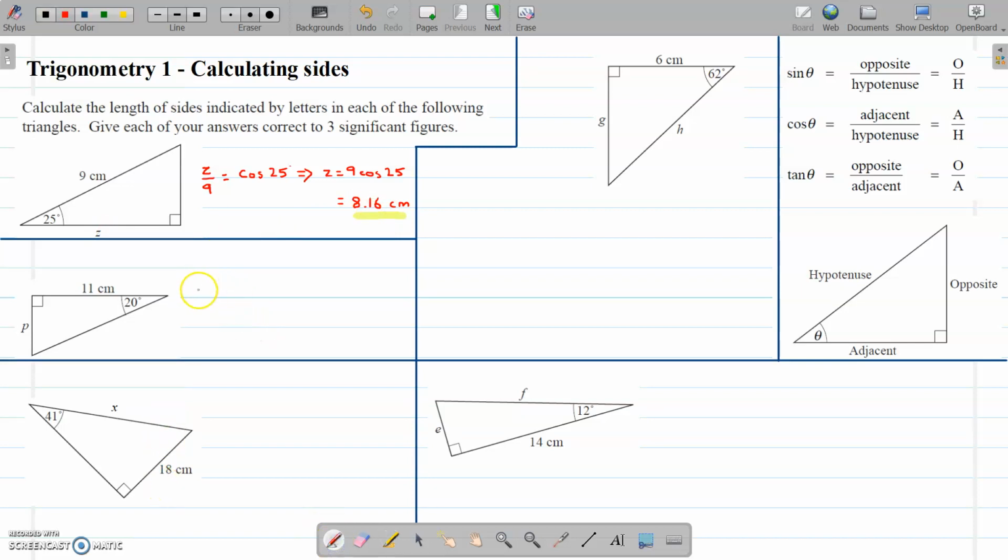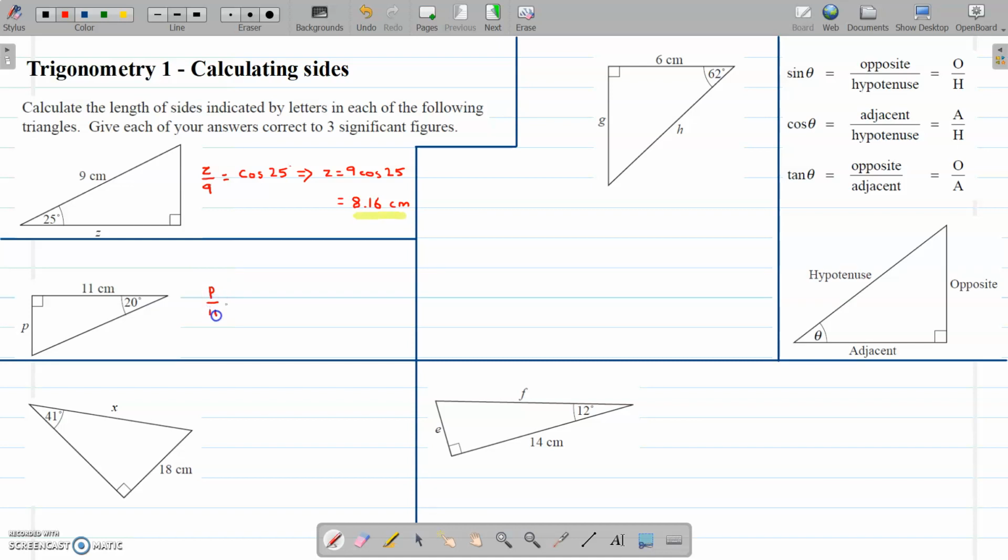Now, in the second one, we're asked to find the length p, and we notice that p is opposite and 11 in this one is the adjacent. So I've got p over 11.